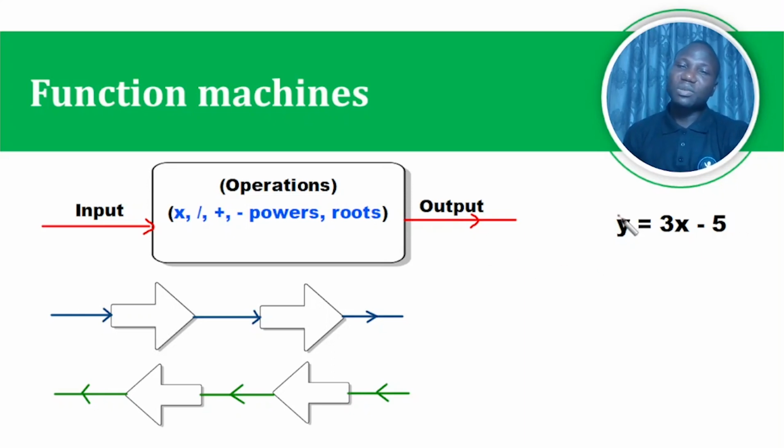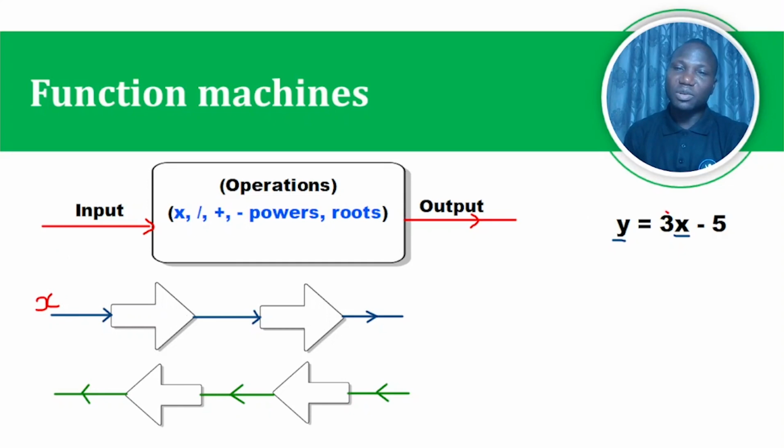Take for instance, look at this equation, which is also a function: y is equal to 3x minus 5. If I'm to represent this using a function machine, x here is the input and y here is the output. So x goes into the first machine.